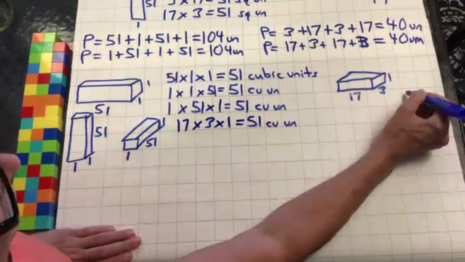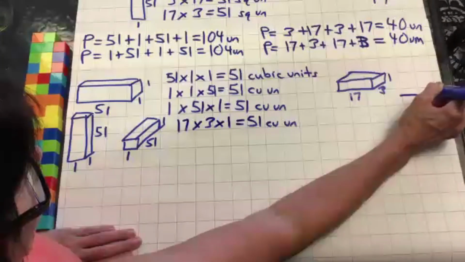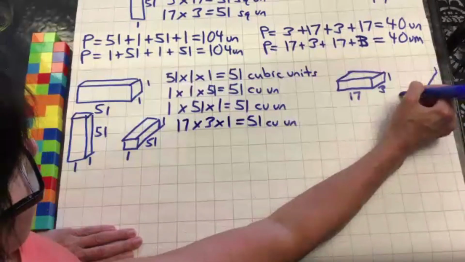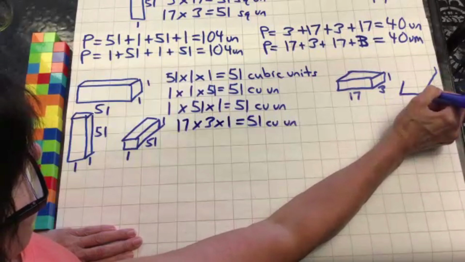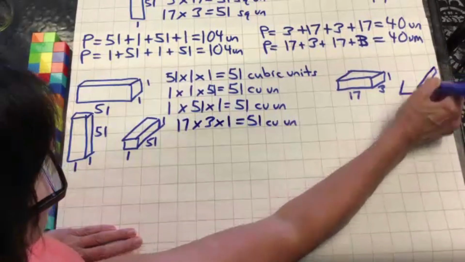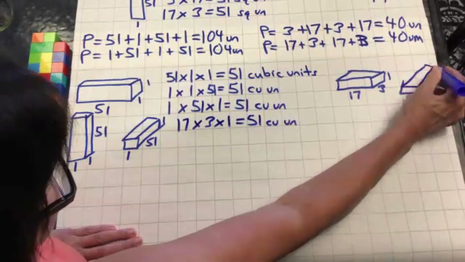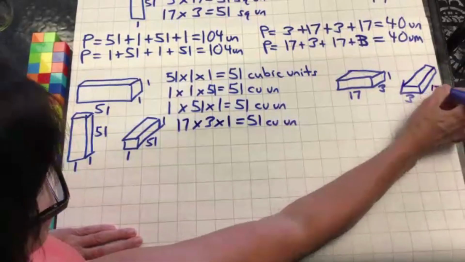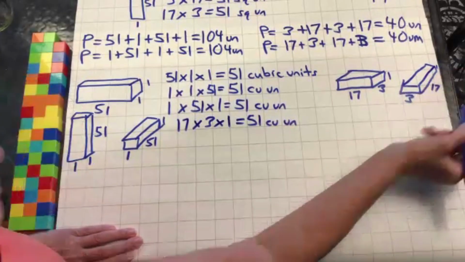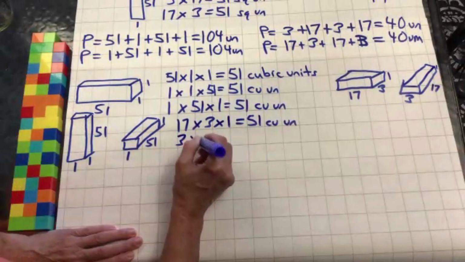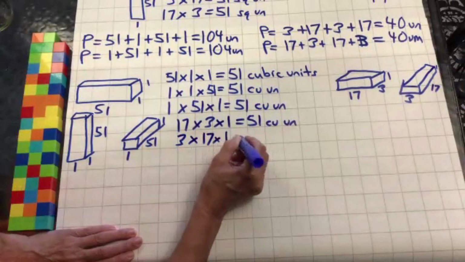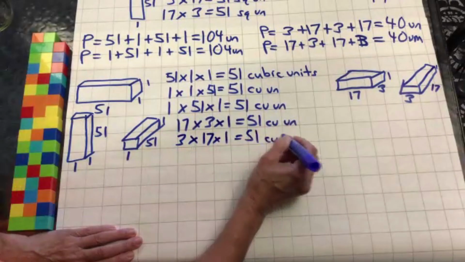Then we have a 3 by 17 by 1. So let me, oops, a little different. 3 by 17 by 1 tall. So that's 3 by 17 by 1 tall equals 51 cubic units.